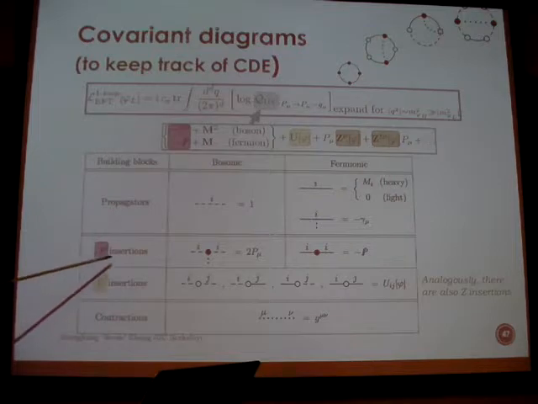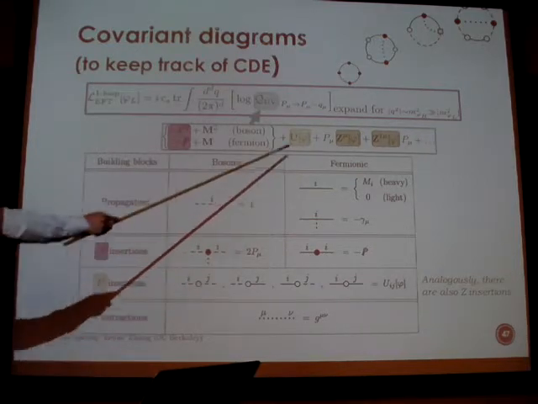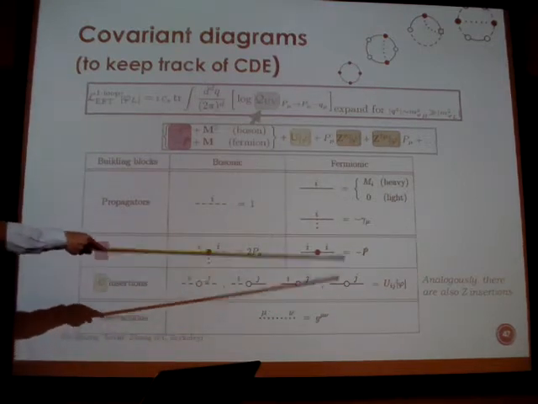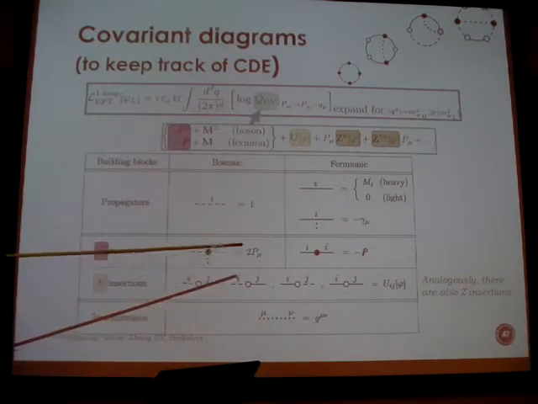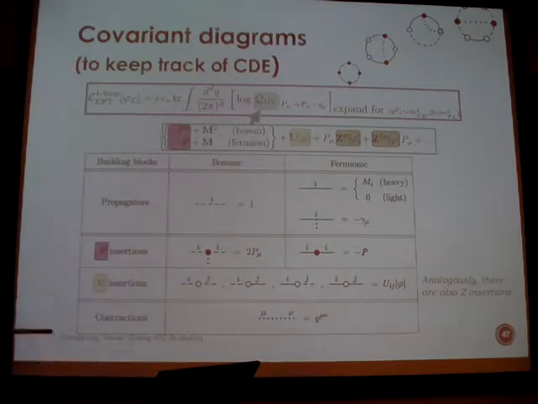There are different types of vertex insertions, including P insertions coming from the kinetic terms, and U insertions coming from the leading interaction terms. And analogously, there are also Z insertions, which I didn't list in this table, but they come from these higher order interaction terms, and their rules can be similarly worked out.